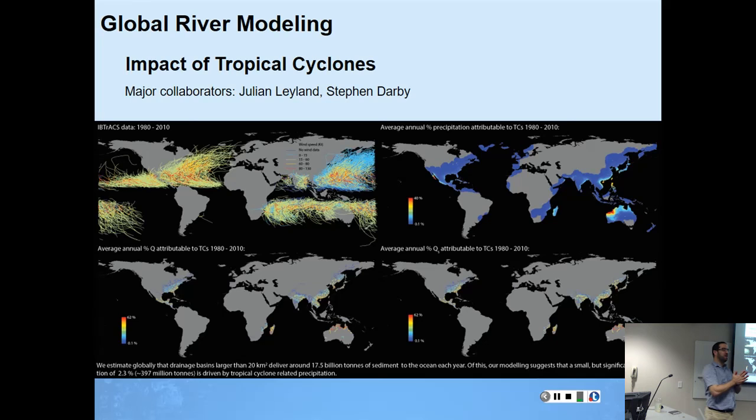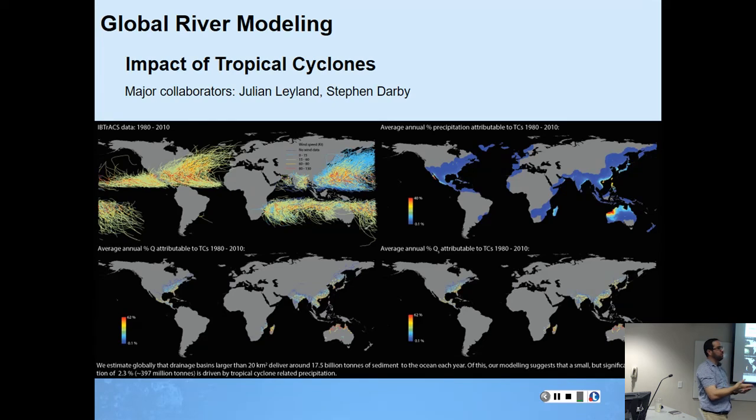You take all the tropical cyclone tracks that you have going back to the 1800s, and the way they do it, they take a buffer of 300 miles, I think, or kilometers, and they remove all the rain that happened that day around that track of the tropical cyclone.